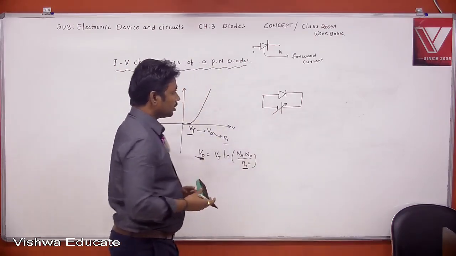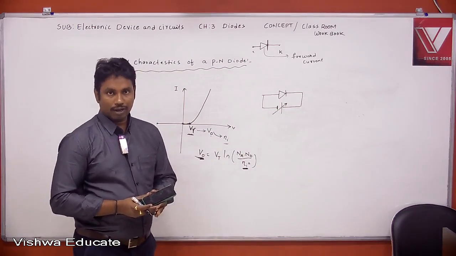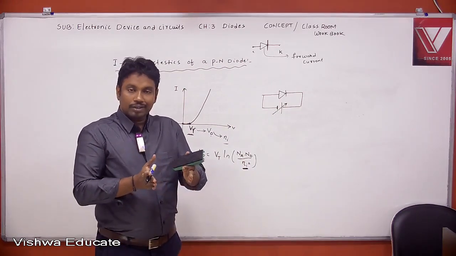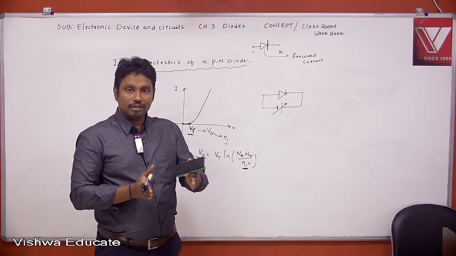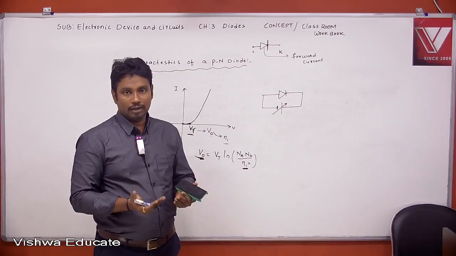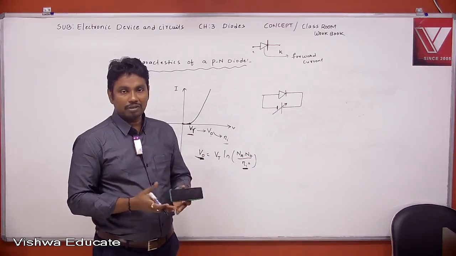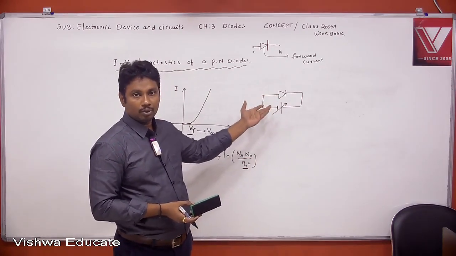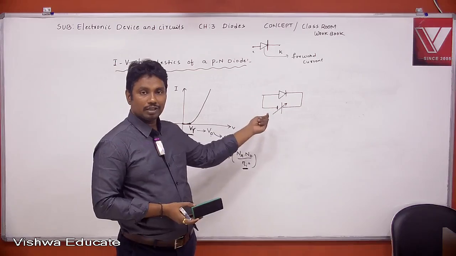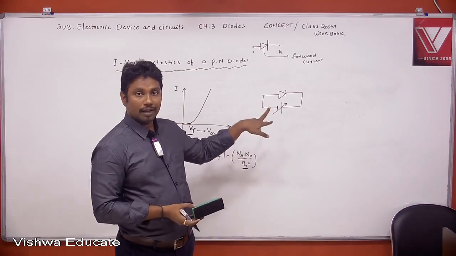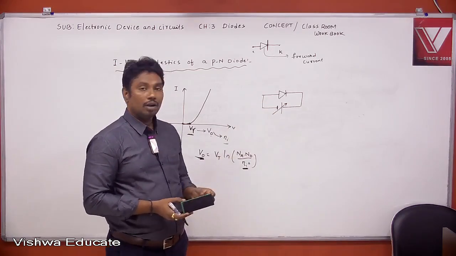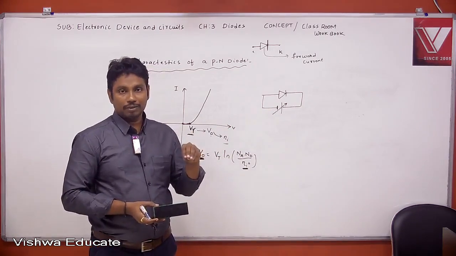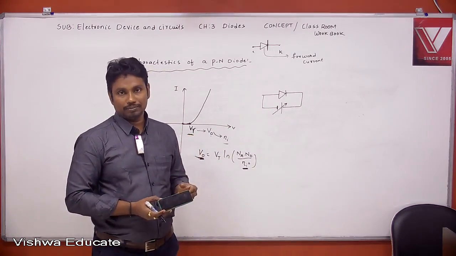The depletion region increases, so the barrier potential increases. No majority charge carriers will flow from P to N and N to P, but the minority carriers will flow from P to N and N to P, and they produce a constant and negligible current.